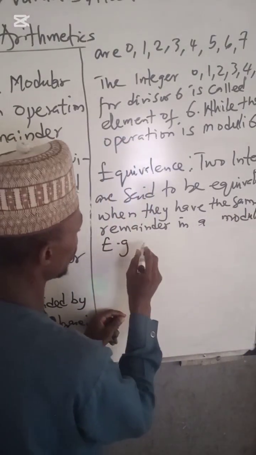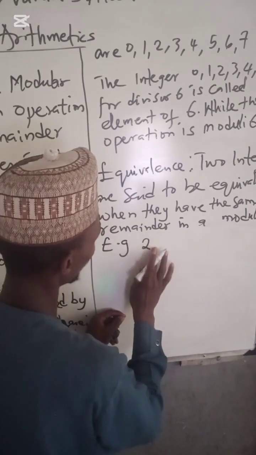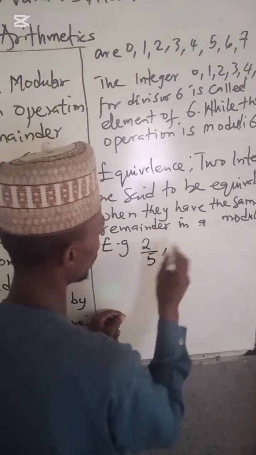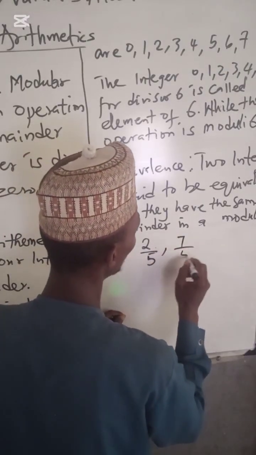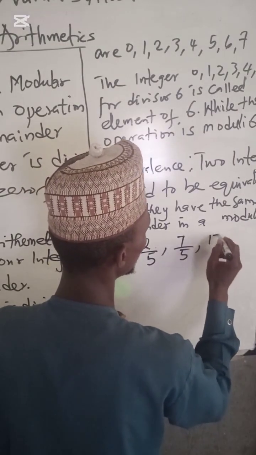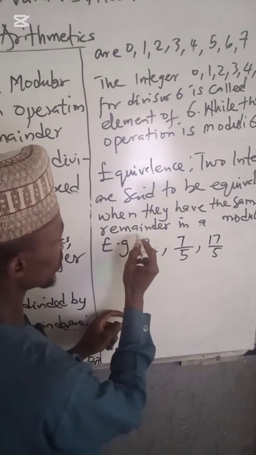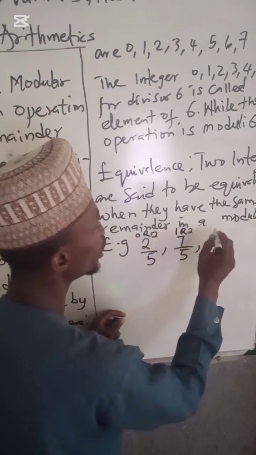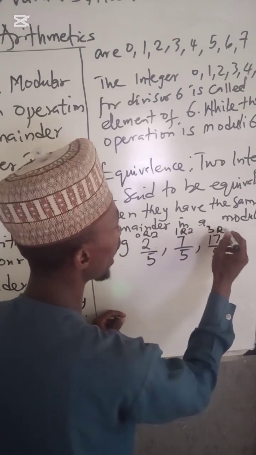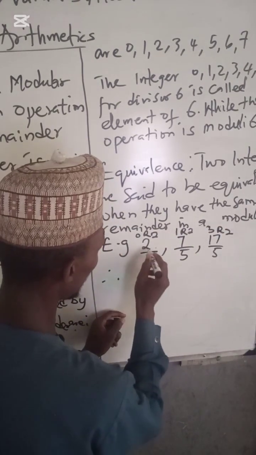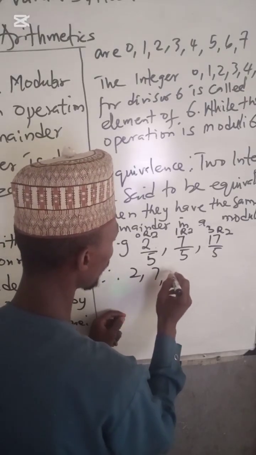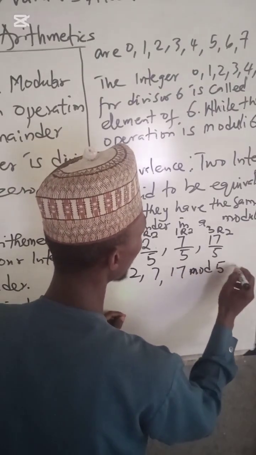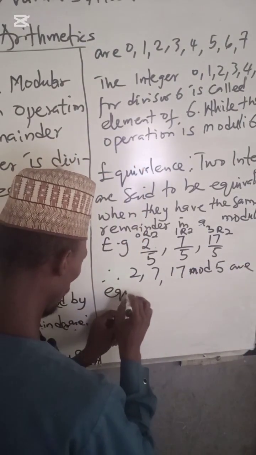For example, 2 divided by 5, 7 divided by 5, 17 divided by 5. What do you notice? This is 0 remainder 2. This is 1 remainder 2. This is 3 remainder 2. Therefore, we can say 2, 7, 17 are equivalent modulo 5.